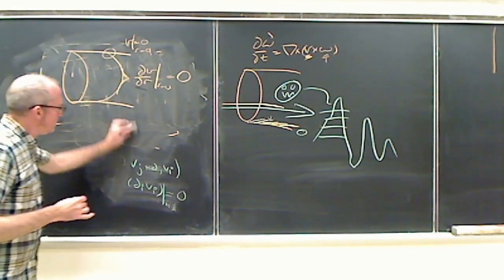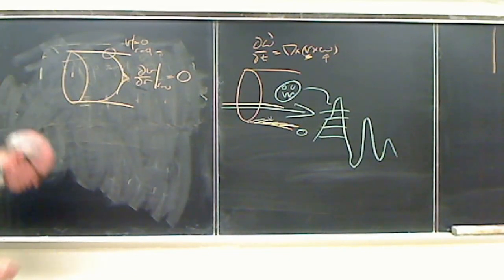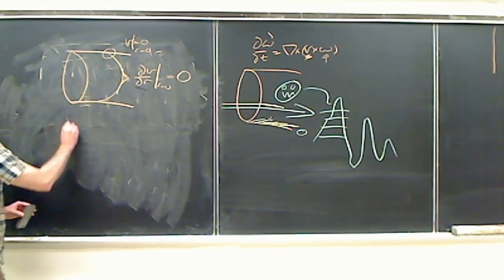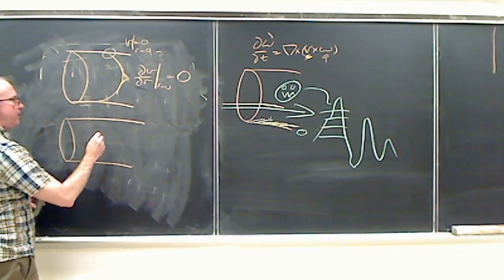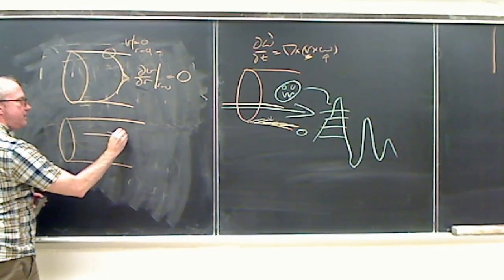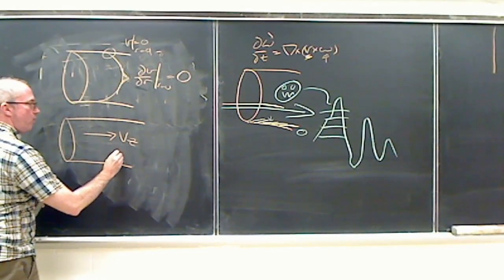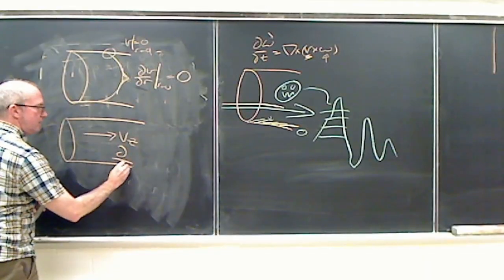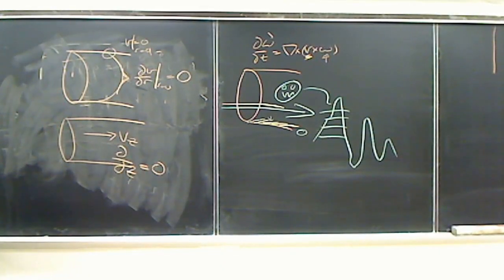Why, in the pipe flow problem, not sure why I keep drawing this same pipe. So this is the z direction, and this is v_z, but we throw out all the d/dz terms.